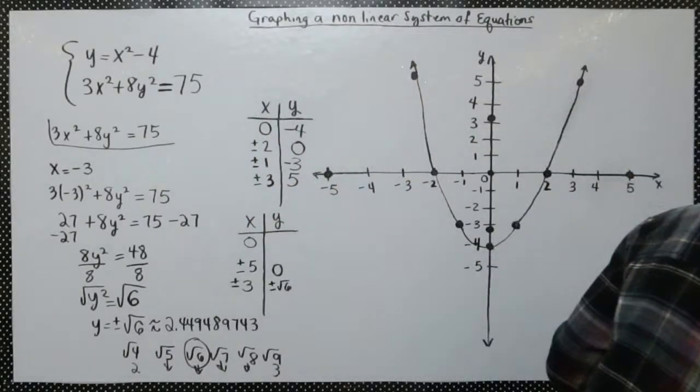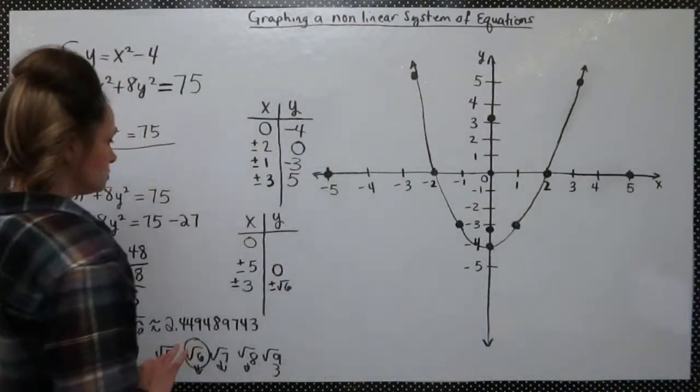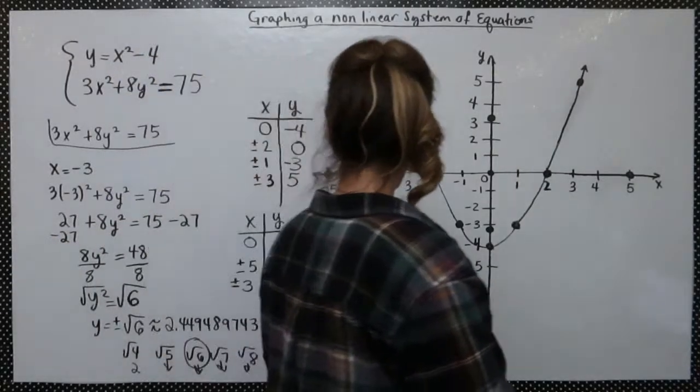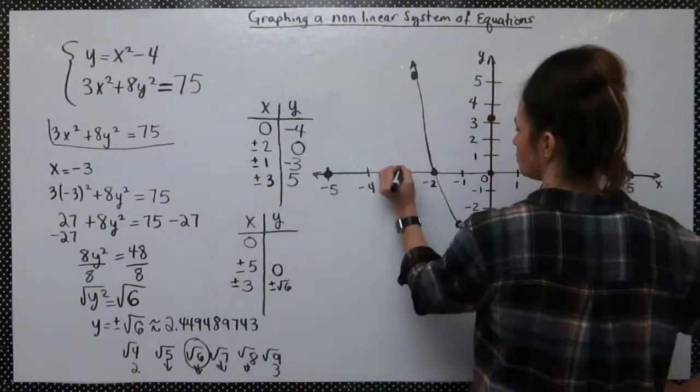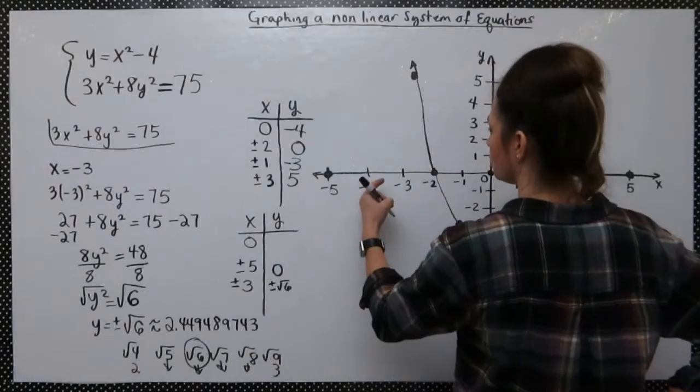Okay, so we've got these other values at plus or minus -3. We've got plus or minus radical 6, and we figured out that was 2.44.